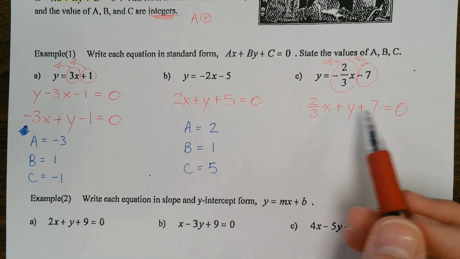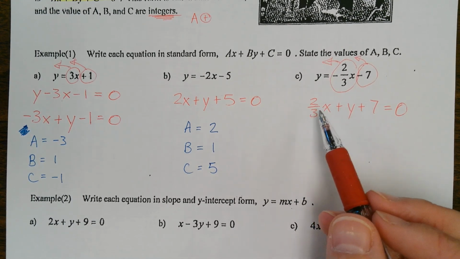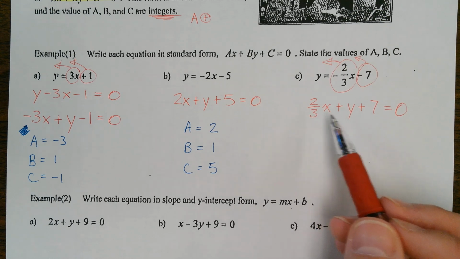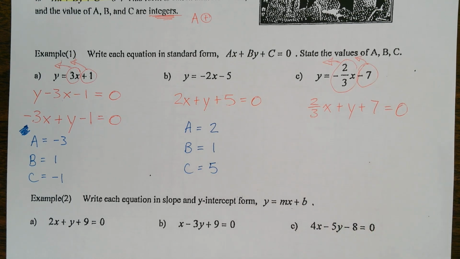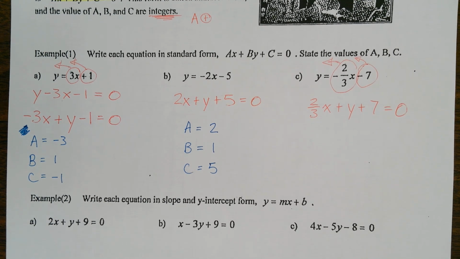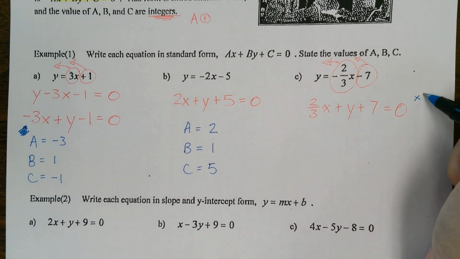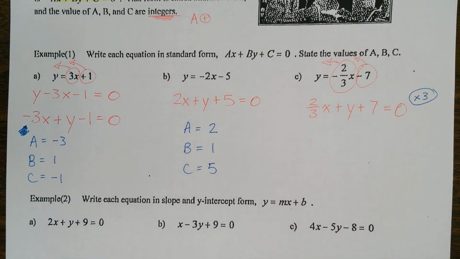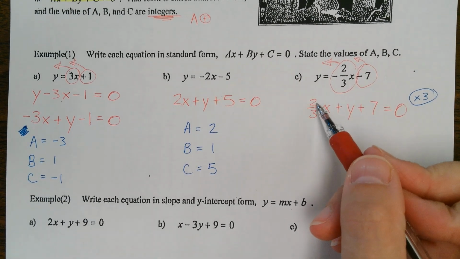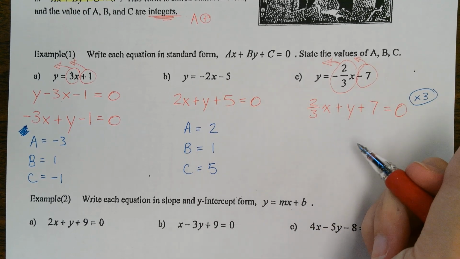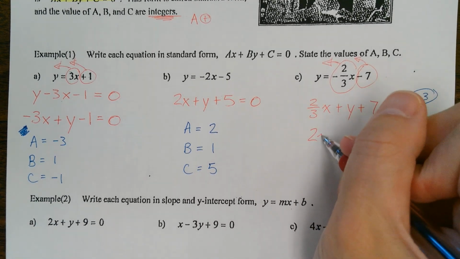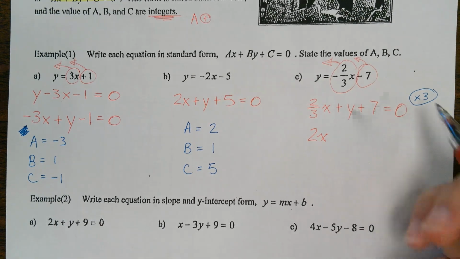Remember that little trick that I taught you guys a few chapters ago to get rid of denominators? Lowest common denominator, and what do I do with it? Multiply. Yeah, multiply it through. So in this case, I'm going to multiply everything by 3. 2 times 3 divided by 3? 2x, good. Y times 3?